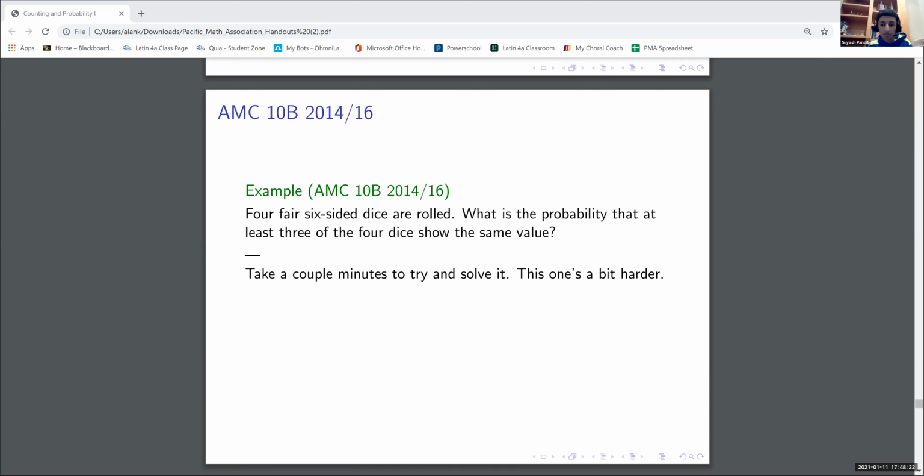Okay, I've only had one person send me the right answer so far, so keep thinking about this one if you have time.